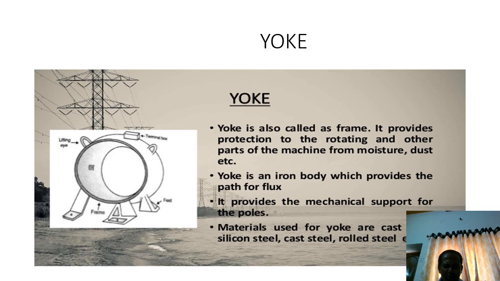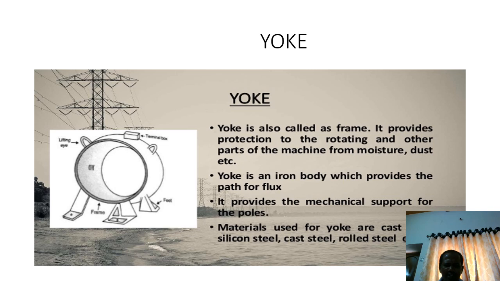Cast iron is used in small machines and cast steel or rolled steel is employed in large machines. The yoke serves two purposes. It protects the entire machine from dust and dirt and also provides mechanical support for the magnetic poles. It acts as the return path for the magnetic flux.